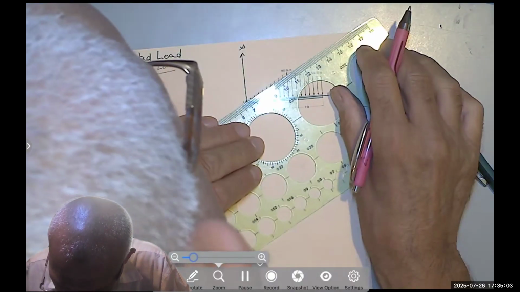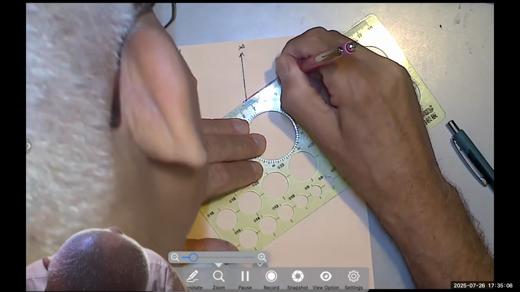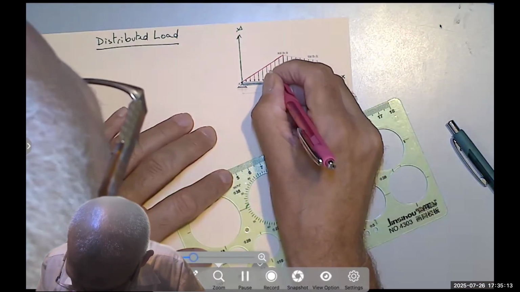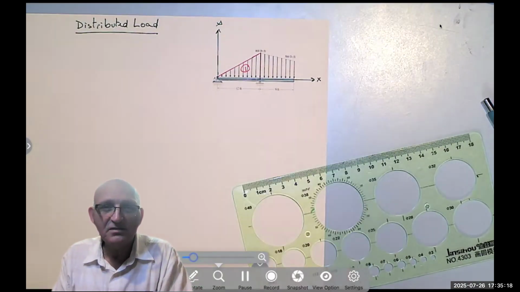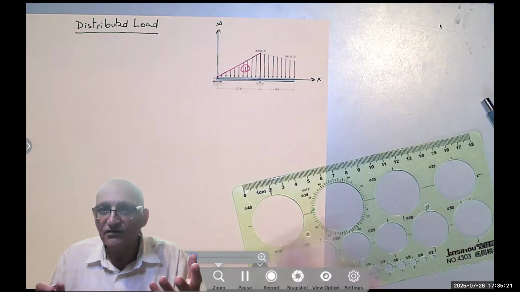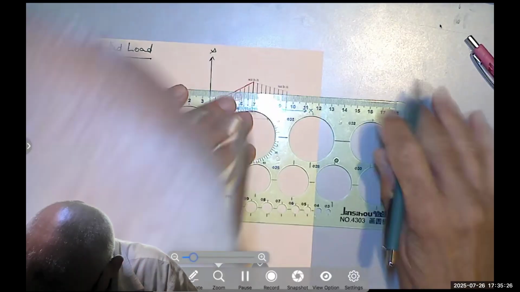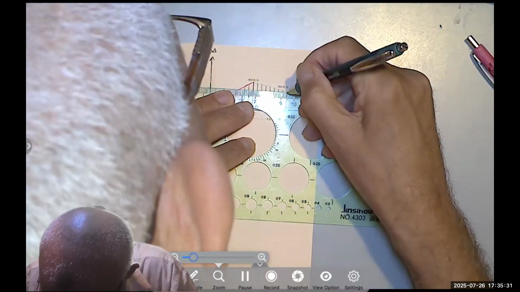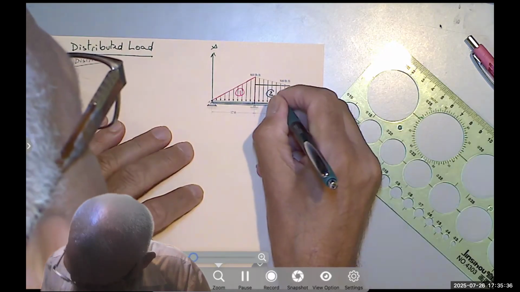So if I draw this line, say in pink or whatever this color is, I have created an area that I'm going to call area number 1. And then I see here a trapezoid. We don't know how to find the centroid of a trapezoid easily. However, I can also divide that into a rectangle and a triangle on top of it, right? See that? So that is area number 2, or load number 2.